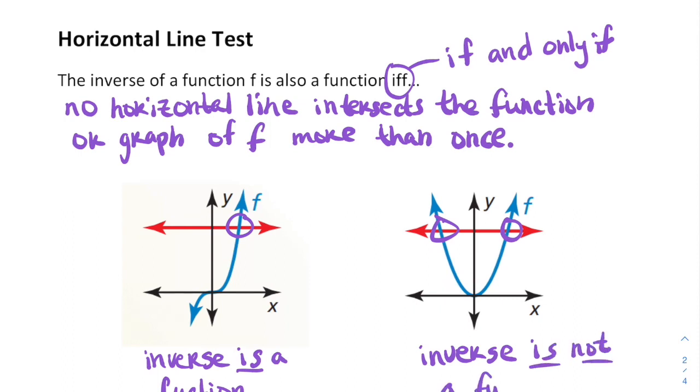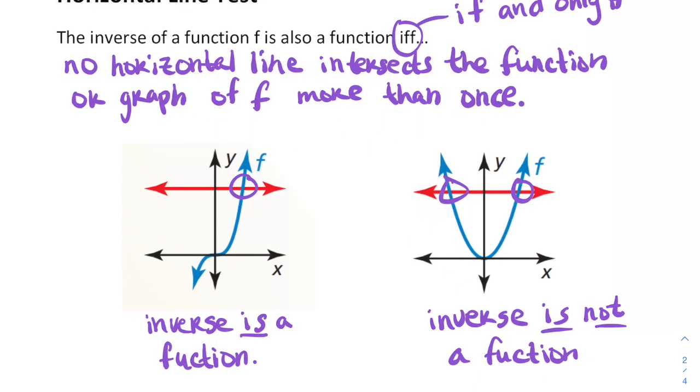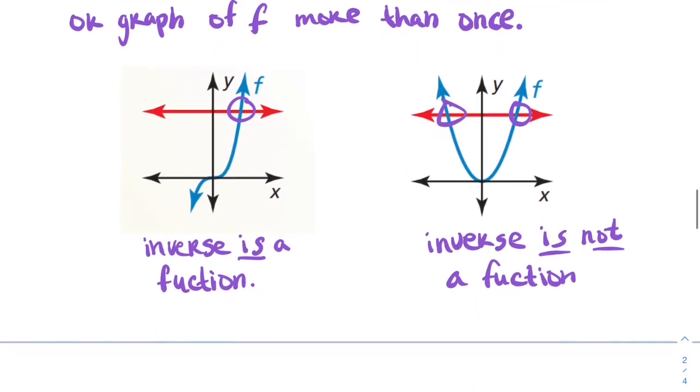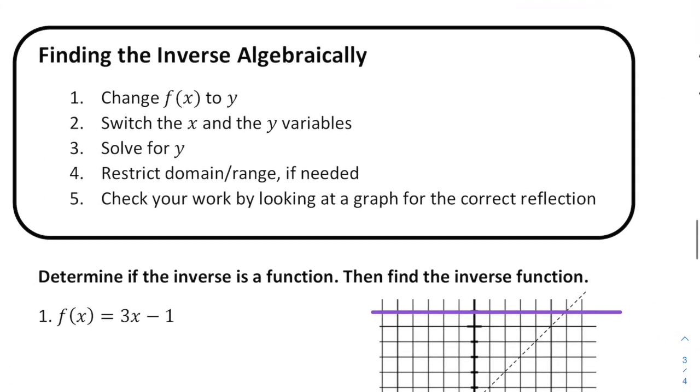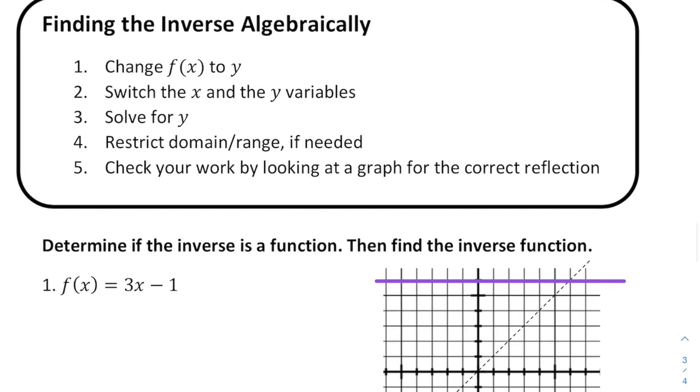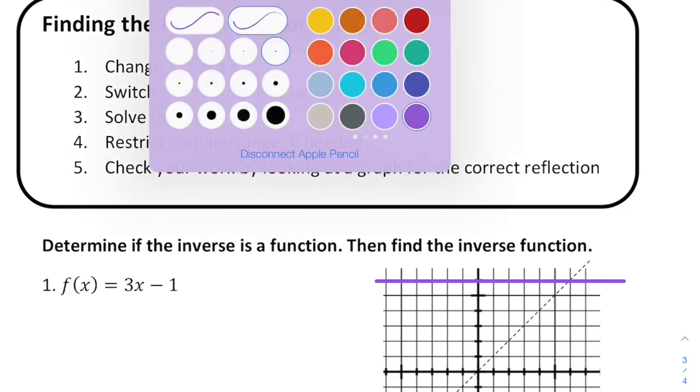So now we're going to talk about inverses and finding those algebraically instead of by a graph or a set of tables. So we are ready now to move on to the inside of the foldable. So let's take a look over here, and we want to look at finding the inverse algebraically. I'm not going to read through all of these steps right now.